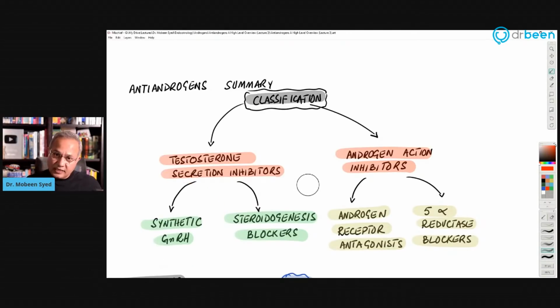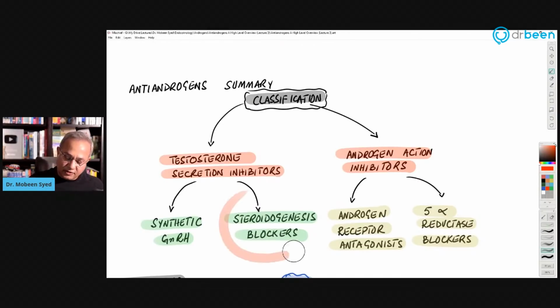Keep this in mind that when these drugs are given, the testosterone levels would actually decrease. It is a paradoxical phenomenon that we are saying that a releasing hormone would reduce the release. So we'll see how that happens.